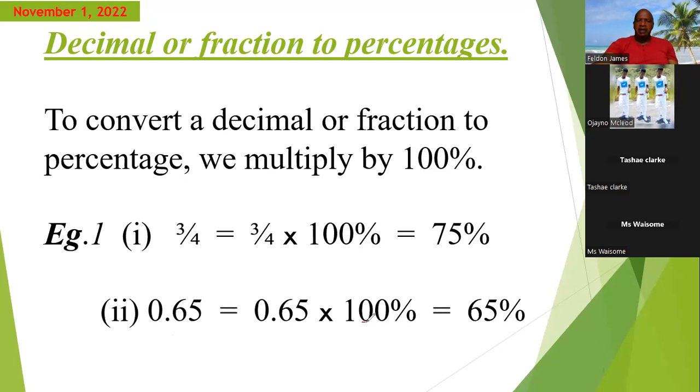Because you're multiplying by 100, the power of 10 here is 10 to the 2, which means you have 2 zeros in the 100. So your decimal point should be moved 2 places to the right, and that ends up giving you 65. I hope everybody is following that.